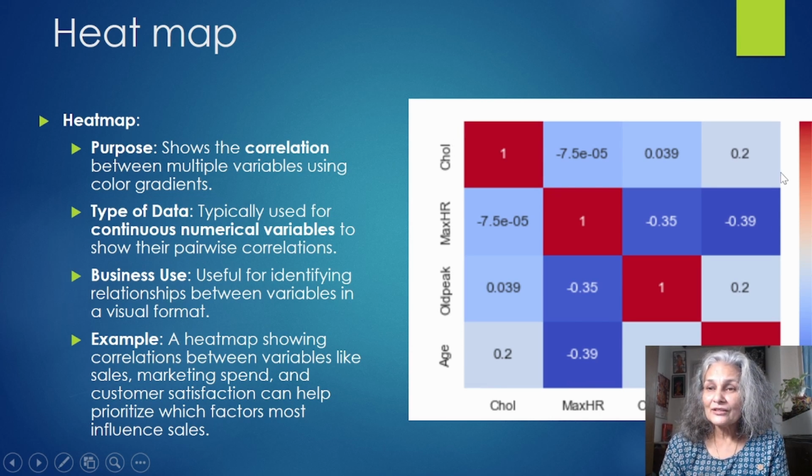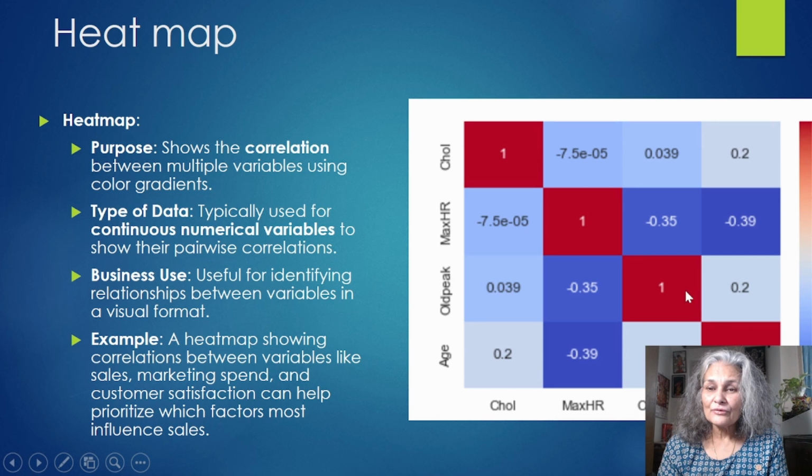The higher the correlation, that is towards 1, the more red the cell will be. The lower or more negative the correlation, the more blue it will be. So if it's -1, it will be a deep blue. If it is 1, it will be red. And in between, you have various shades of orange and light blue.